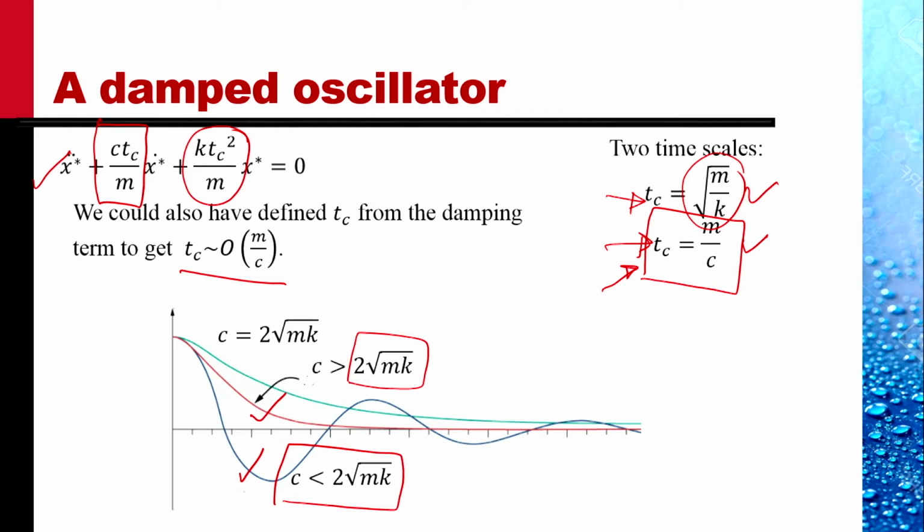So damping takes over before the vibrations take place. And this line is what is called the critical damping. This separates the 2 domains.